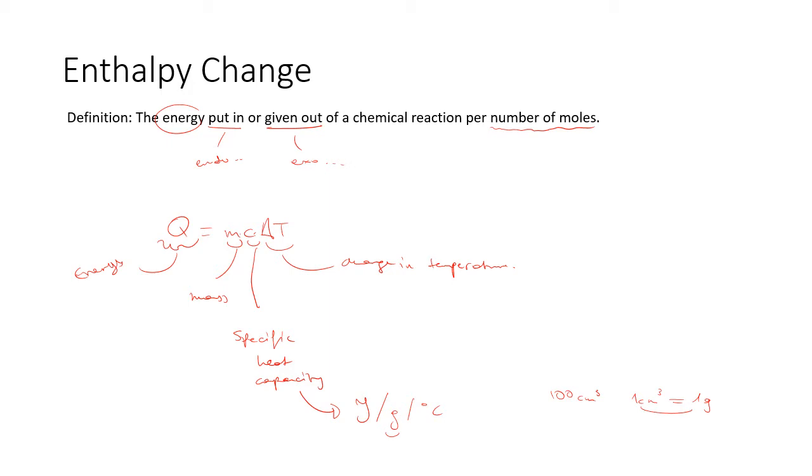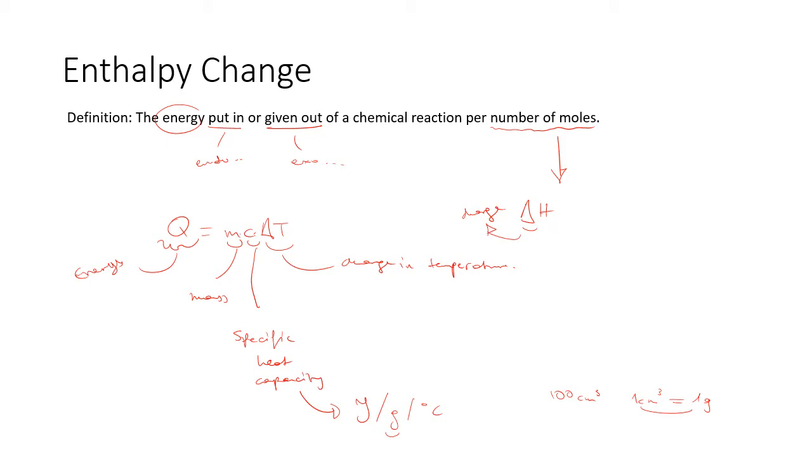And then we need to bring in this number of moles into the equation, because in industry, let's say, or in chemistry in general, you need to know how much energy is released or needs to be put into the system for 1 mole of the reactants. That's a ratio that is very important for chemists. So to find the enthalpy overall, the sign for enthalpy is delta H, change in enthalpy. When you see this delta, it usually has to do with some change.